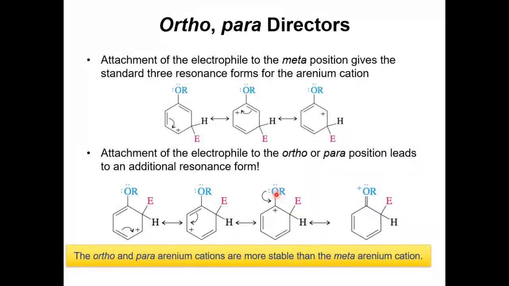So you can write basically an additional resonance form. So in addition to this tertiary and allylic carbocation, not exactly tertiary because it's not carbon, but basically you have an electron donating group connected to a positively charged carbon. Okay. Now, because this oxygen has a lone pair, you can write an additional resonance form. So the lone pair can be donated to here, and then the positive charge will be on the oxygen.